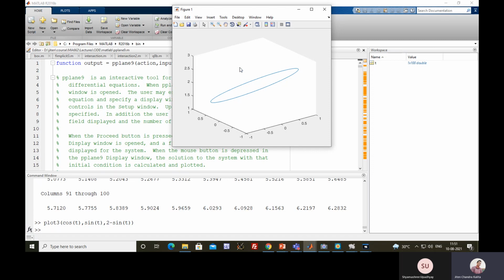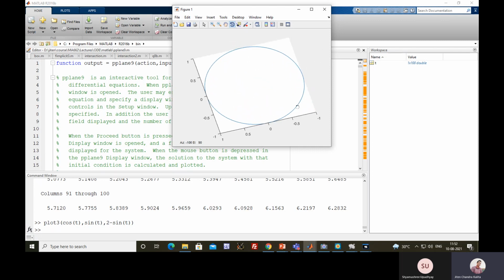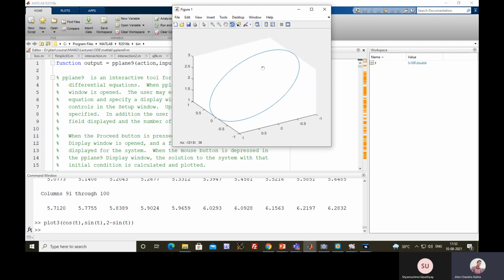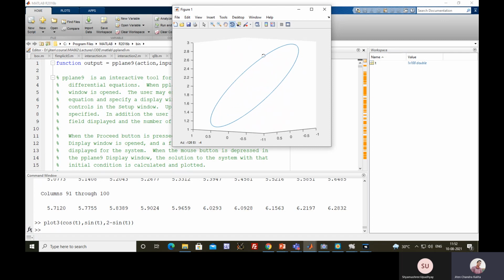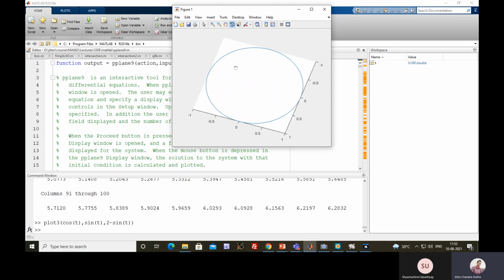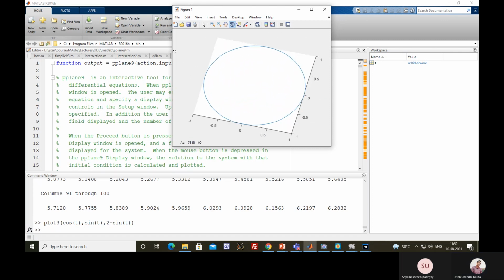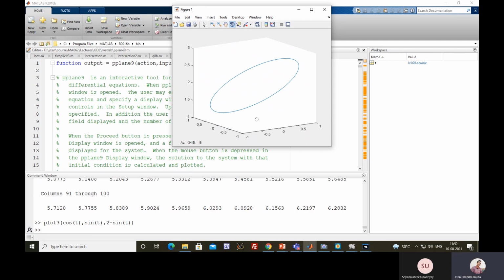You may see that the orientation of the ellipse is different, but I can make the orientation the way I want. So they are going to show like this. This is the x-axis, this is the y-axis, this is the z-axis.